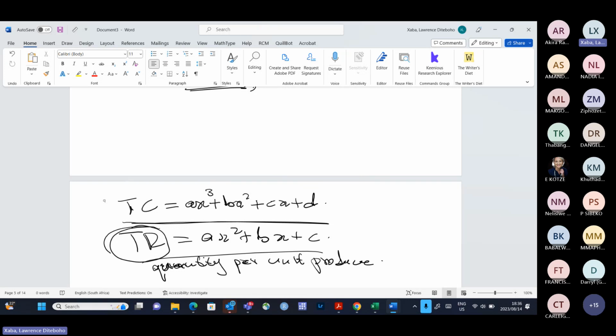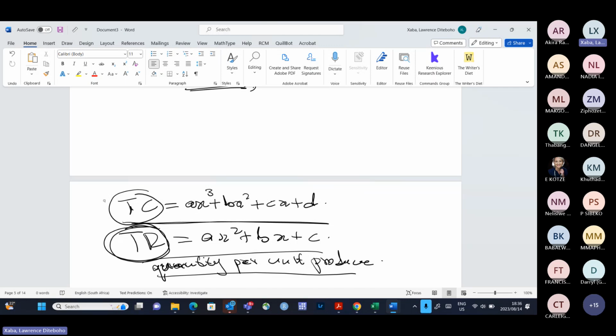So we can have total revenue. In this case, our interest is to find our total cost based on the units again.